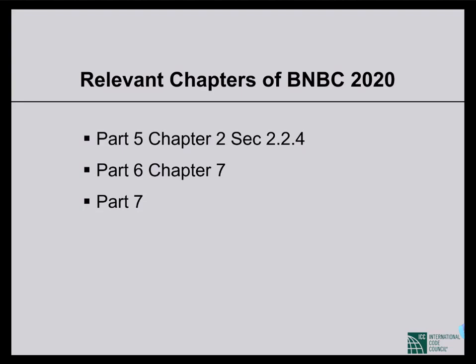Part 6, Chapter 7 is the main chapter for design aspects of masonry structures, and some of the construction aspects are also mentioned in this chapter. And Part 7 deals with different construction related issues like storage of different components of masonry construction, and some construction safety related issues.